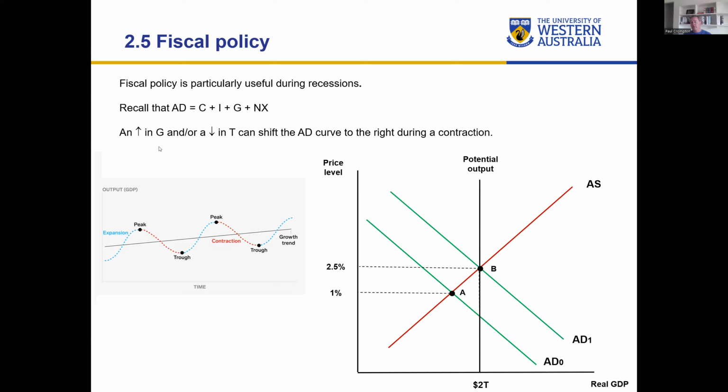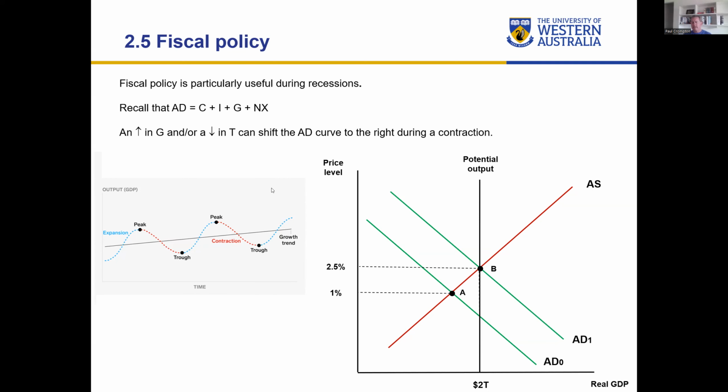Or the government may do both: an increase in G and a decrease in T. They may do both if the recession that the economy is in, and we're assuming the economy is in recession at point A, is particularly severe.